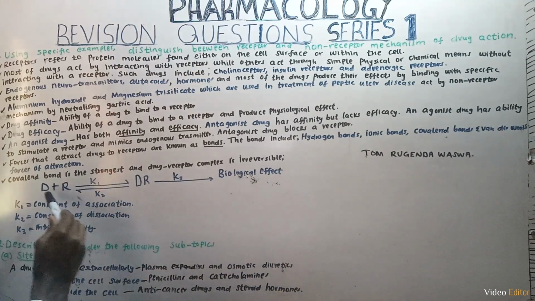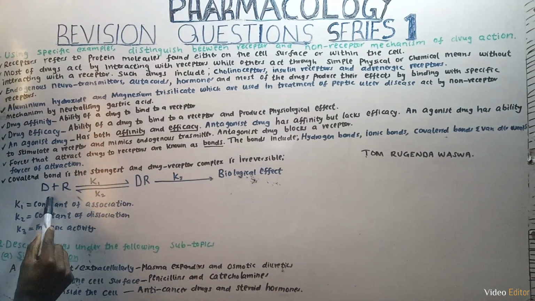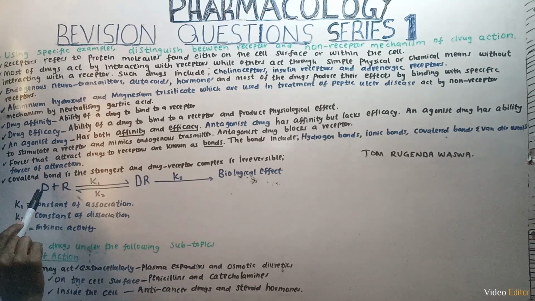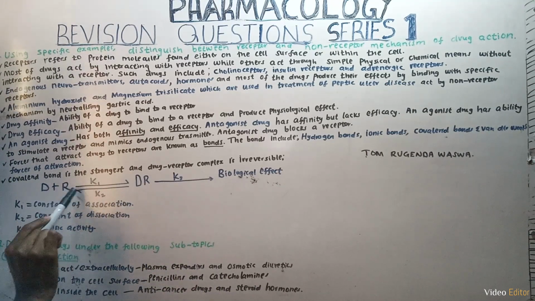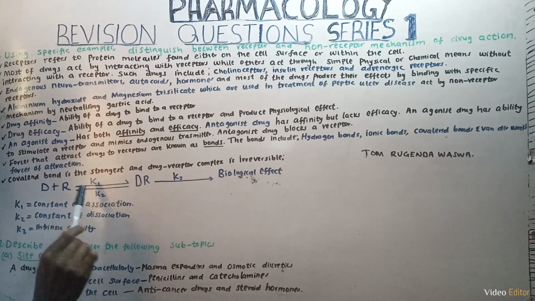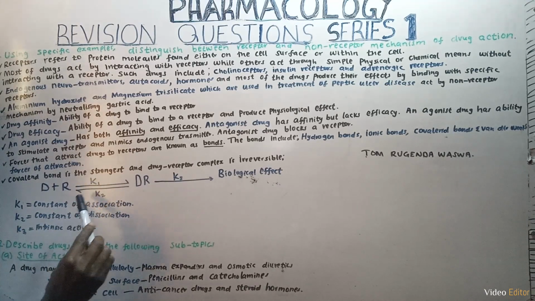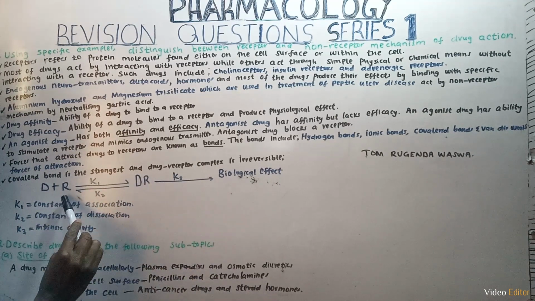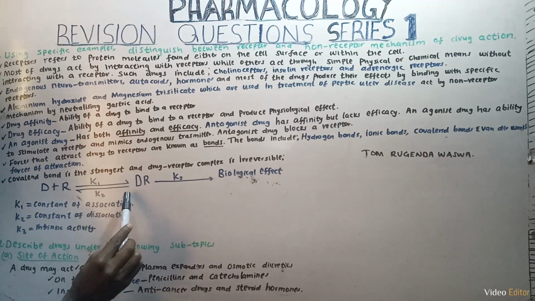So looking at our equation, we have a drug interacting with a receptor to form a drug receptor complex. That constant of interaction of a drug and a receptor is known as constant of association. I have denoted it as K1. If a drug receptor complex can be broken back into a drug and a receptor, that is known as constant of dissociation.